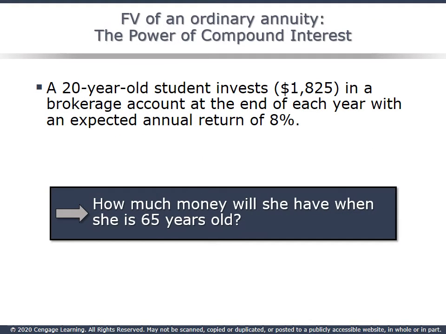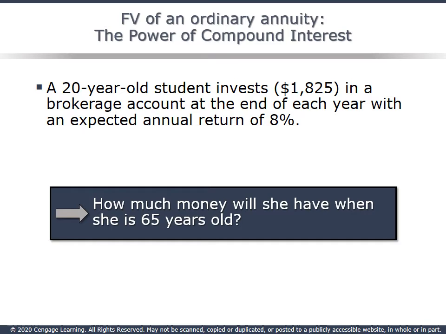So let's look at another problem. We've got a 20-year-old. She invests $1,825 every year into a brokerage account that returns 8%. We want to know when she turns 65, what will that series of deposits have grown to become at 8%?